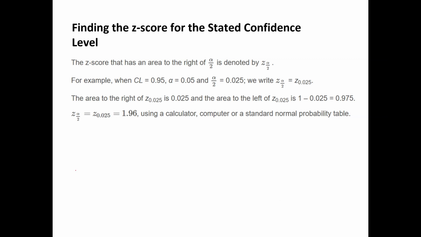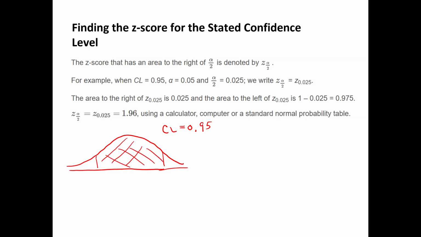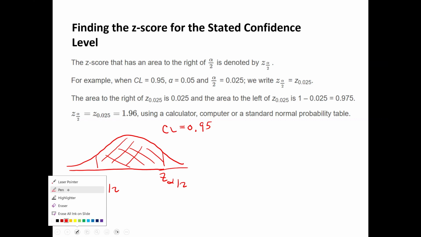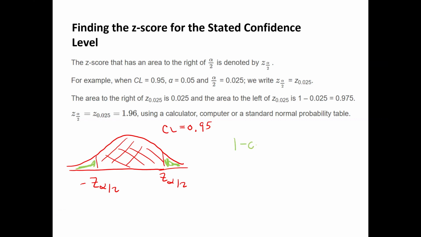So if I draw a picture, my confidence level is 0.95, 95%. That means 95% of the area is between these two z's, one negative and one positive. If that's 0.95, then in each tail, 1 minus 0.95 divided by 2 is in each tail.